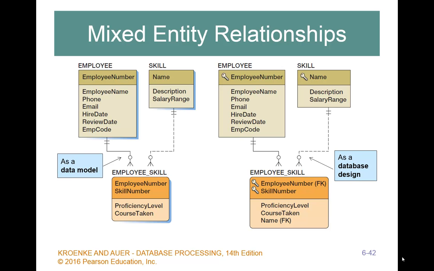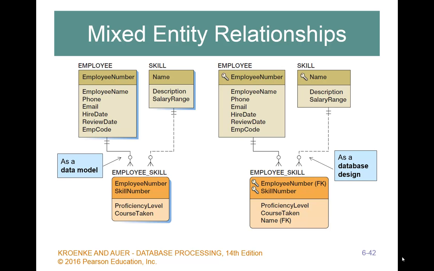So this particular table, employee underscore skill, because it's a mixed entity, ends up with two foreign keys that map back to the associated entities that we've transformed.